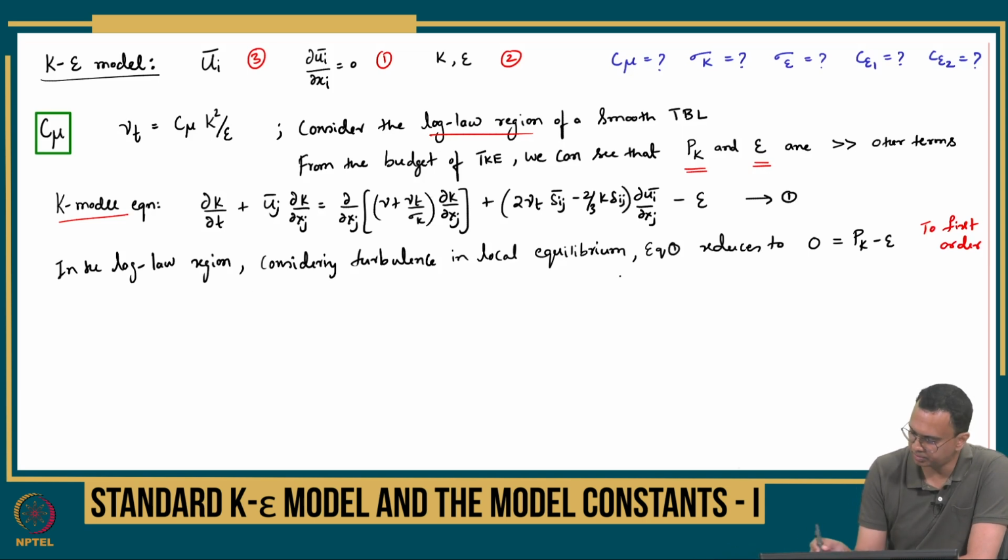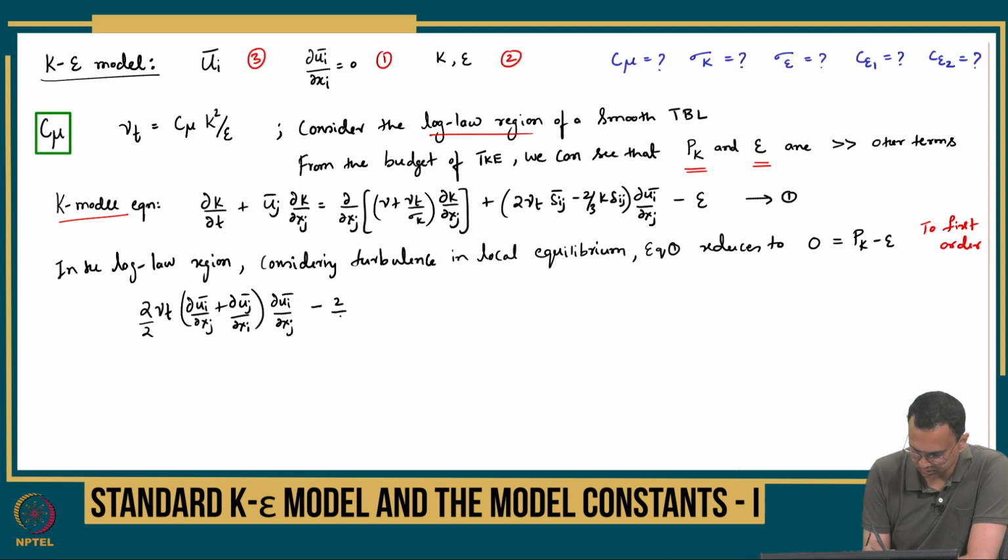So what do I get for Pk minus epsilon equal to 0? That means equation 1 becomes 2 nu t Sij, which is 1/2 of dou ui bar by dou xj plus dou uj bar by dou xi, minus 2/3 k delta ij, multiplied by dou ui bar by dou xj, equal to epsilon.